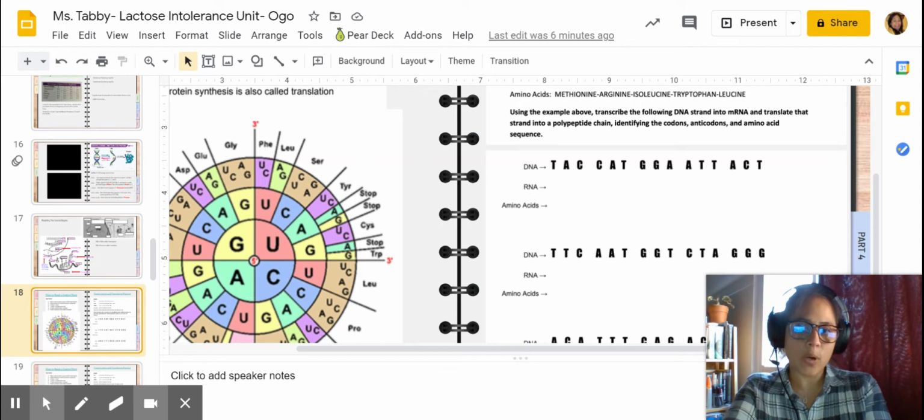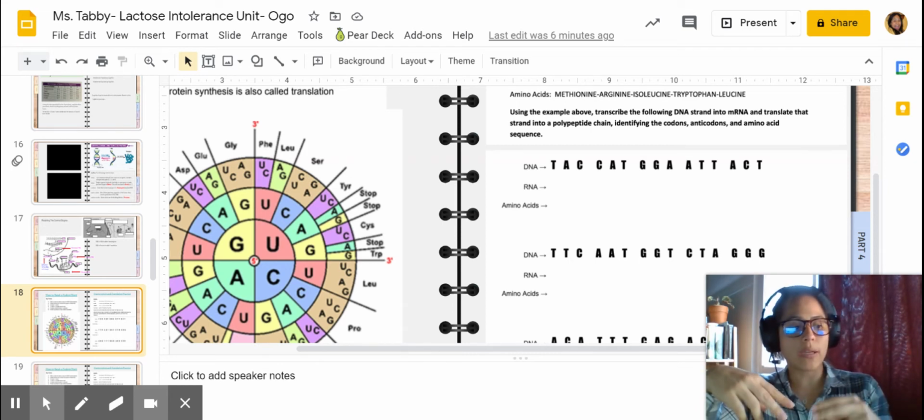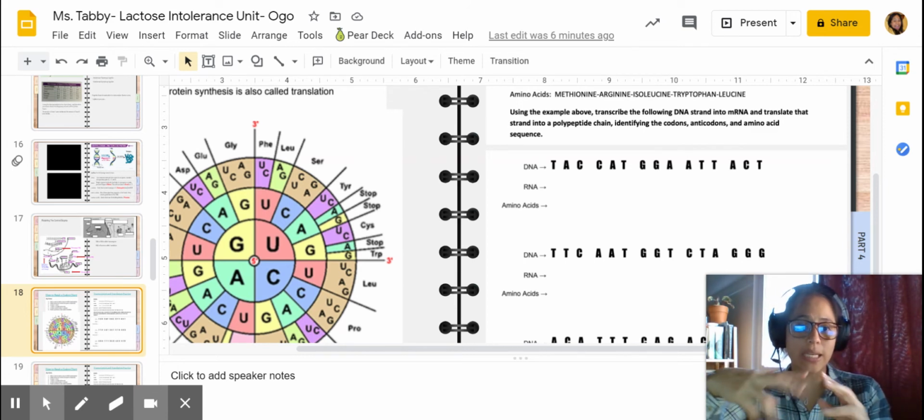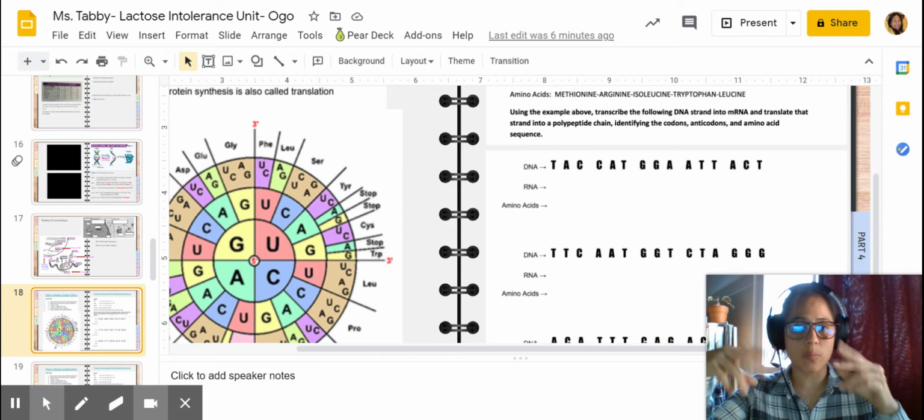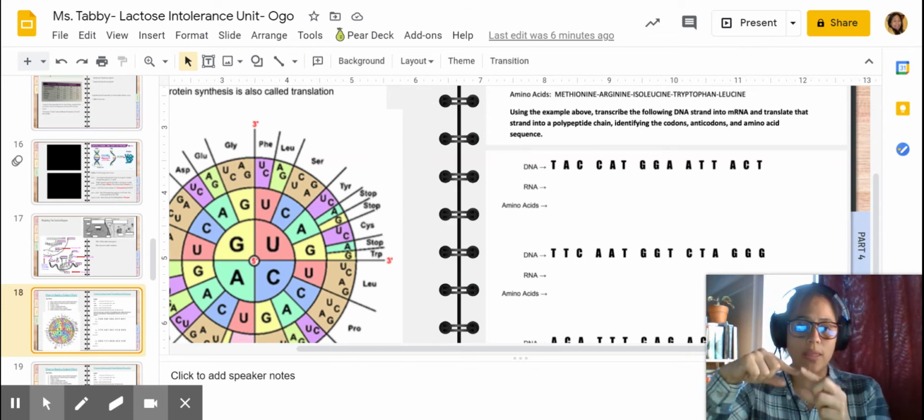If you remember when we looked at Chargaff's base pairs on slide 15, we talked about the fact that with DNA is base pairs that connect together, and adenine always goes with thymine and guanine always goes with cytosine. That's just how it is. It doesn't fit any other way. It's like those puzzle pieces, and that's the only way that they fit. So A with T and G with C, and vice versa.